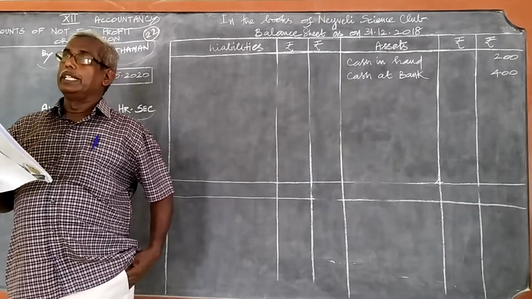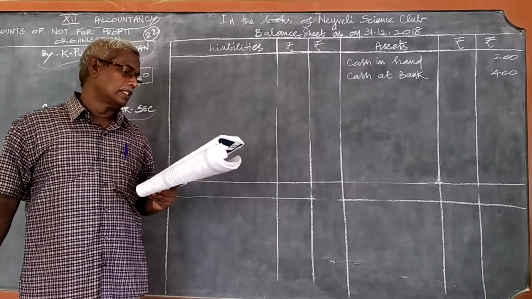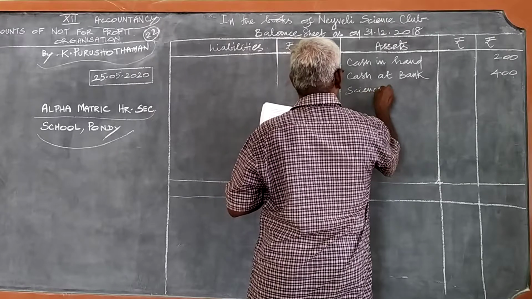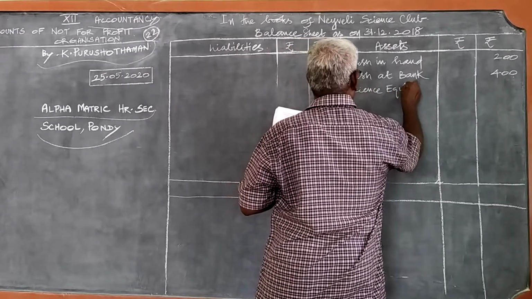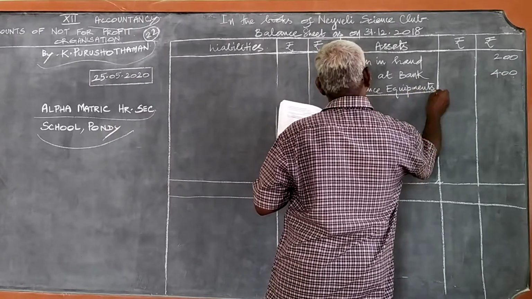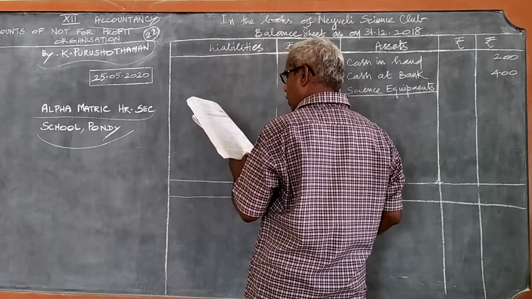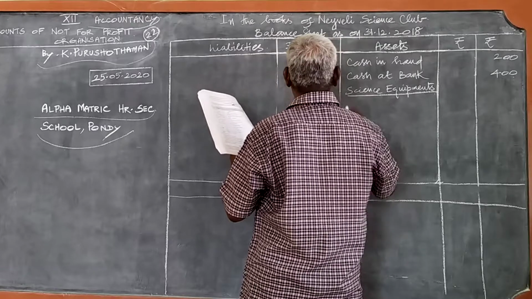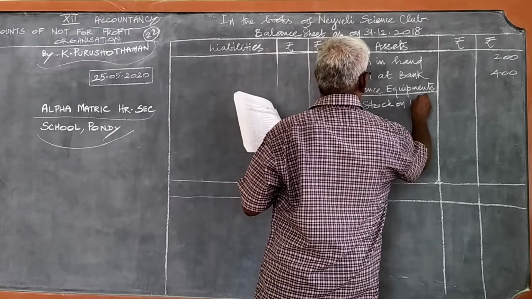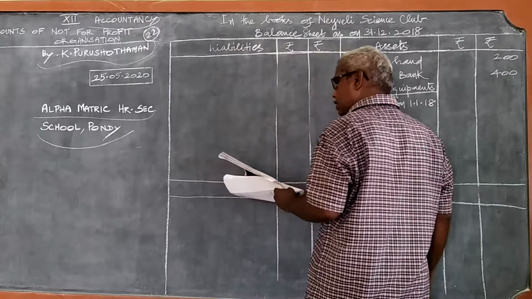Regarding the science equipment, there are two ideas given. One, science equipment purchased. Science equipment is a capital item. For this science equipment as on 1/1/2018, the beginning of the year, stock on 1/1/18 is 5,000.